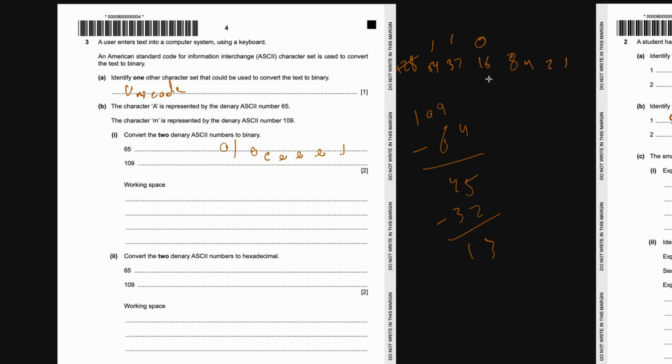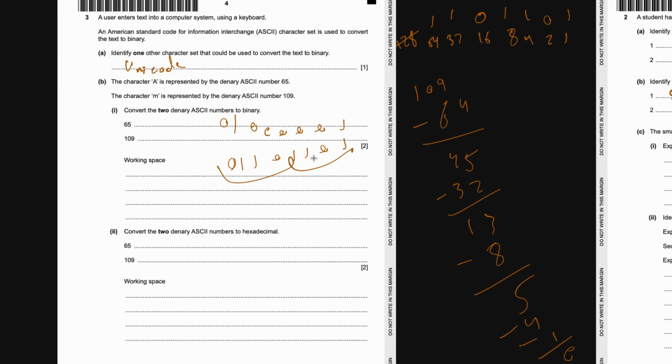We won't use 16, so we put a 0, or we can use 8, which will give us 5, right? And then 4 and 1, right? So this number would be 1101101, and we put an extra 0 just to make it 8 bits. So it could be a byte.